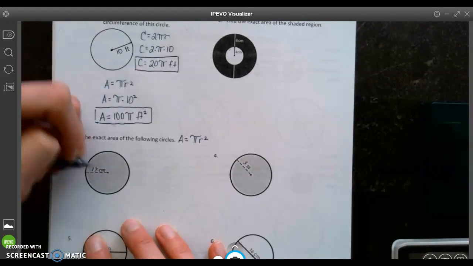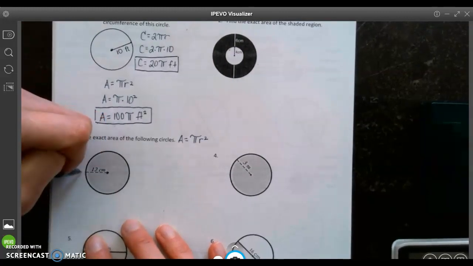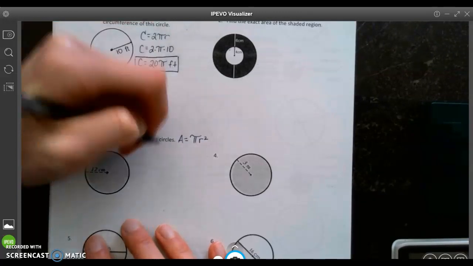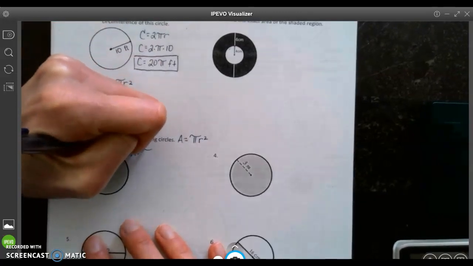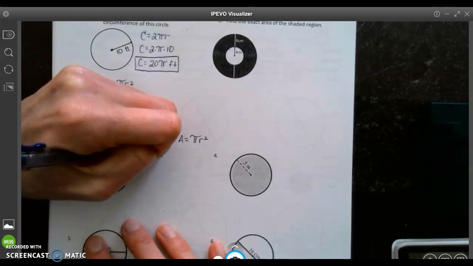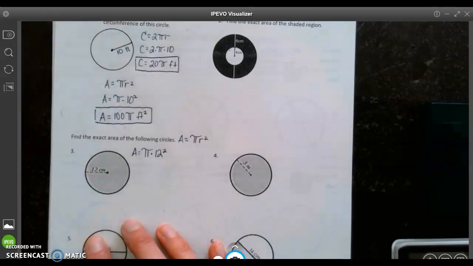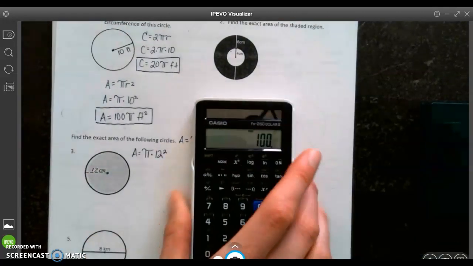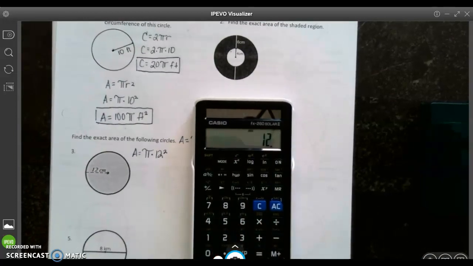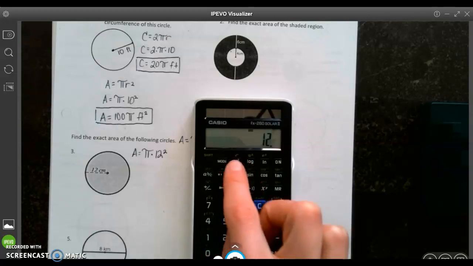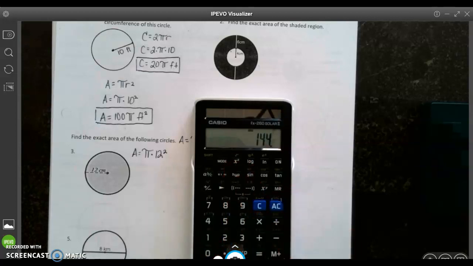So in number 3, I have the radius, because remember, radius is only part of that diameter. It's half of that diameter. So area equals pi times 12 squared. I'm going to do 12 times 12 to get 144, or use this x squared button. Again, yours may look different on your calculator, to get 144.